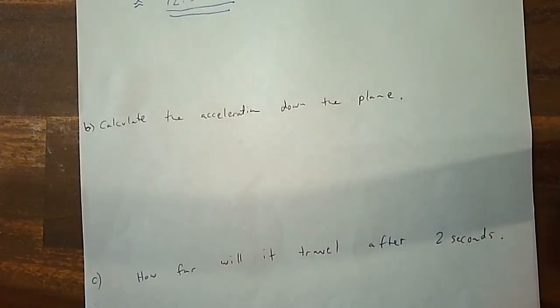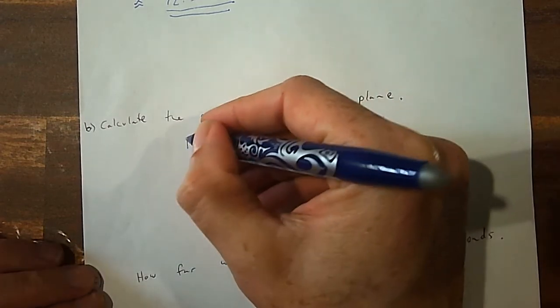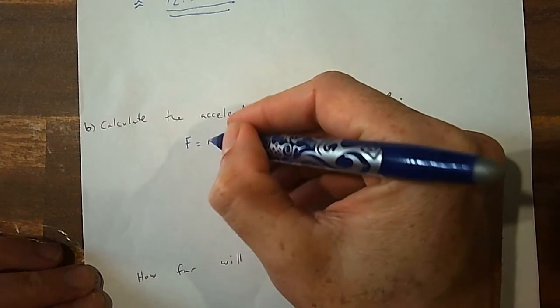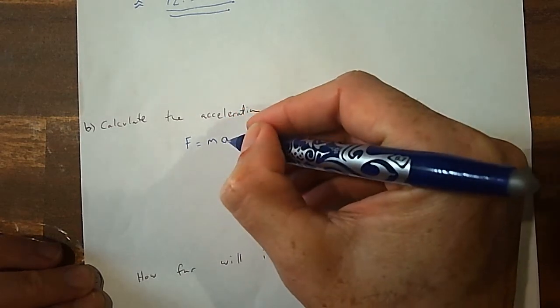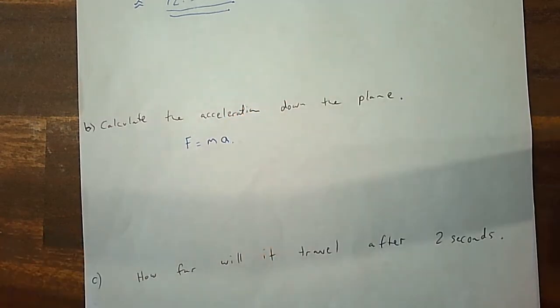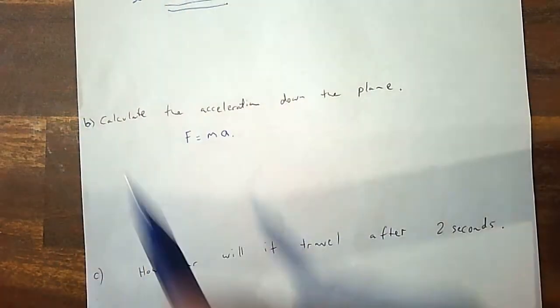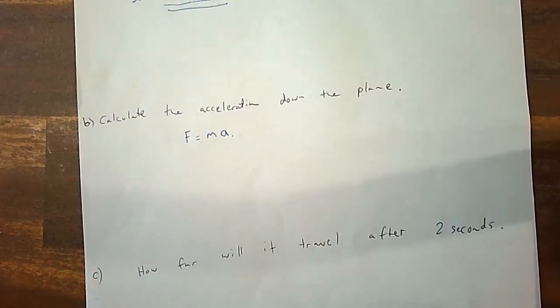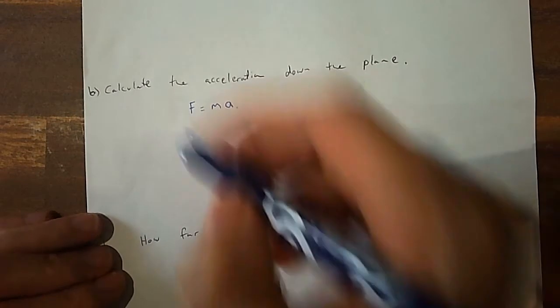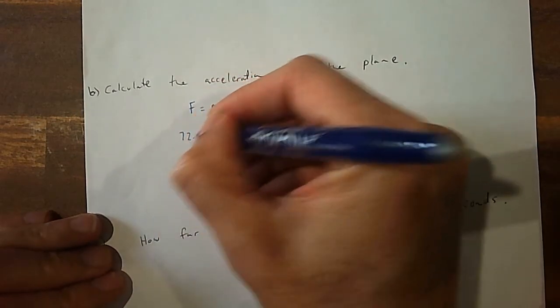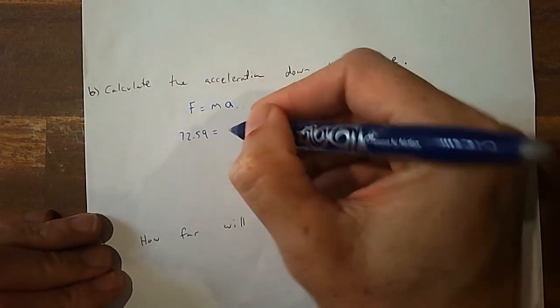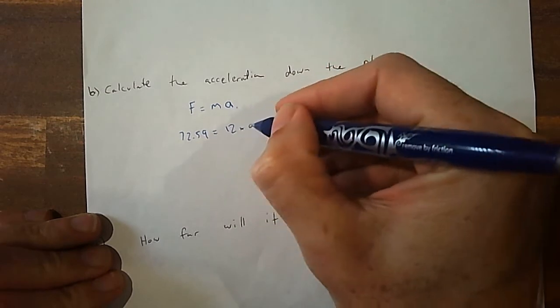Next thing we're going to do is calculate the acceleration down the plane. What is it accelerating down the plane at? We know from Newton's second law that force is equal to mass times acceleration. We know the force acting down the plane and we know the mass, which is 12 kilograms. So 72.59 is equal to 12 times a.